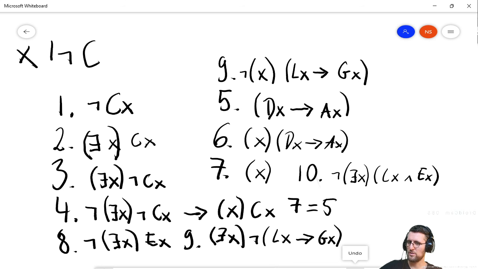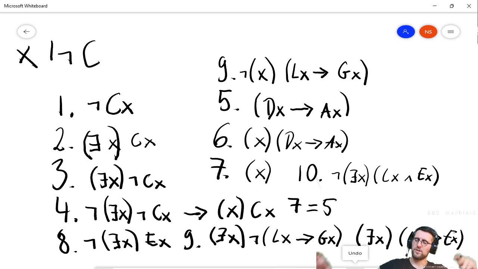I just wonder if I can also write this here, and that's where I'm a bit confused. There exists at least one x, so that if it's a logician, then the logician is evil. I wonder if I can write that.